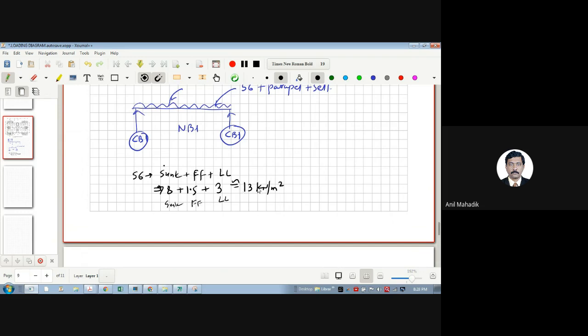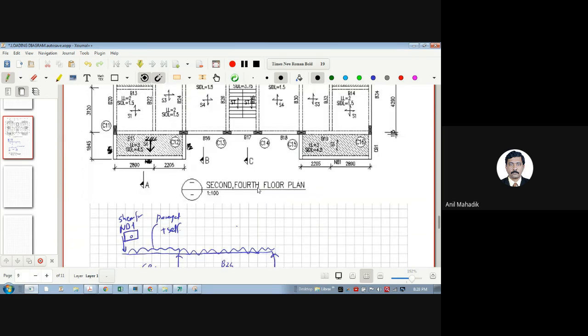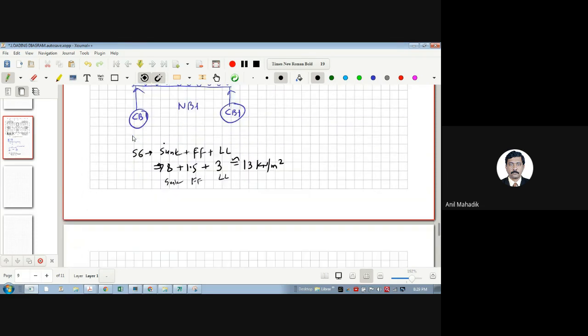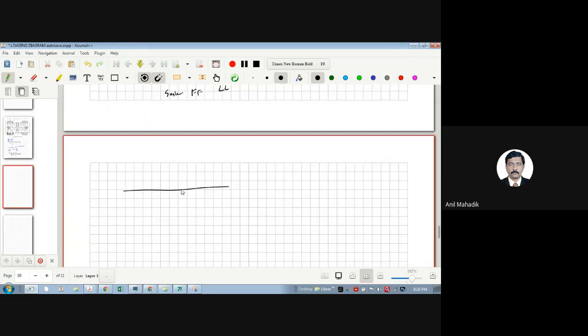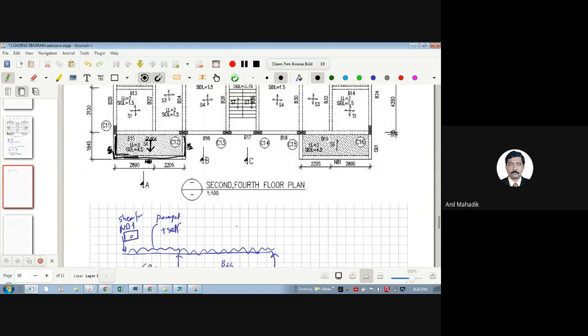So 13 kilonewton per square meter will be the load, and as there is no beam over here, this is only a slab, no beam around anything, this is a cantilever slab and it will transfer the full load directly to the B15. That means what will be the load on B15? If I draw the loading diagram of B15, the span is 1.845.